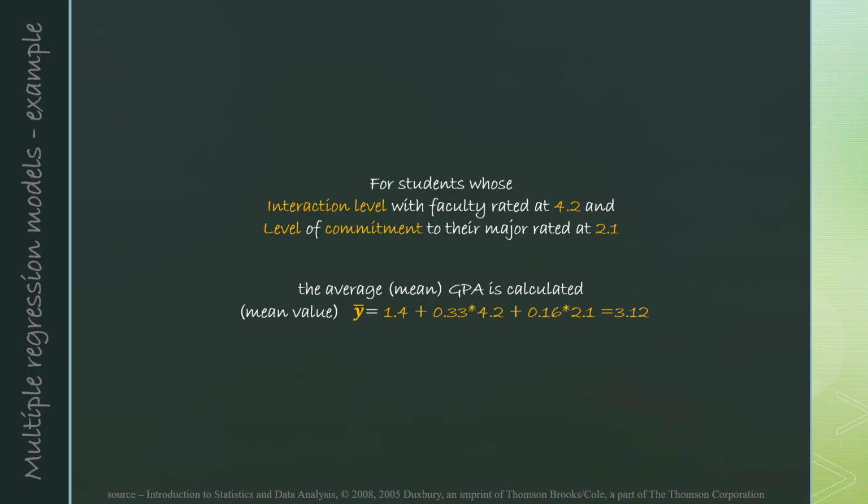Accordingly, the mean value y bar equals the deterministic part of the population regression function, which is 1.4 plus 0.33 multiplied by 4.2 plus 0.16 multiplied by 2.1 equals 3.12.